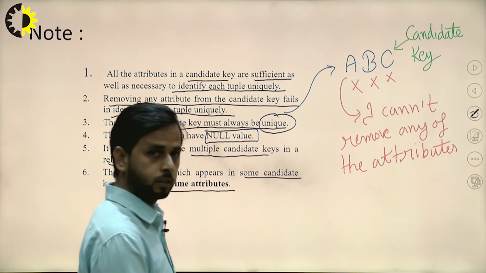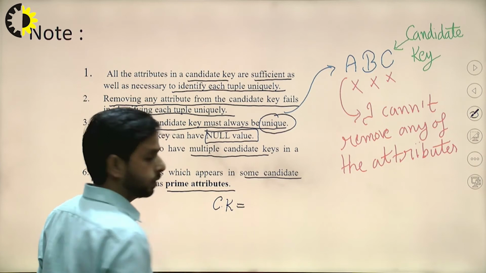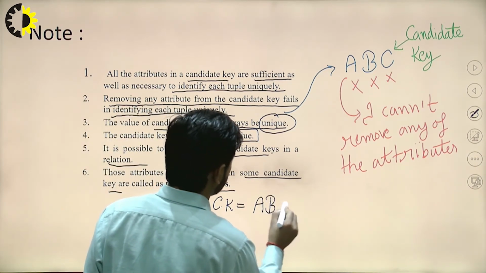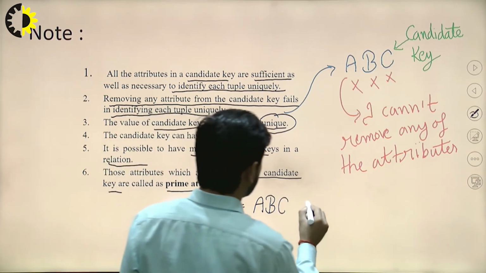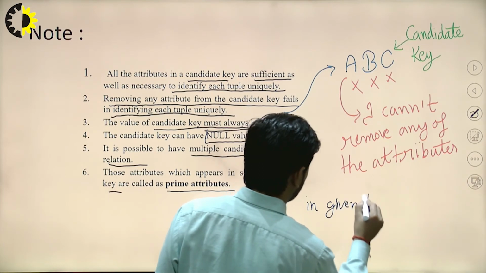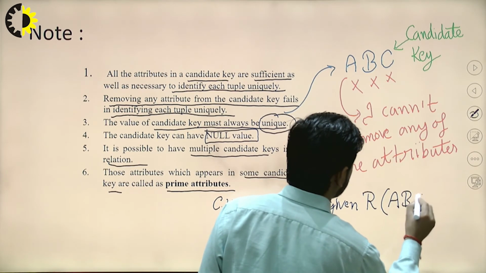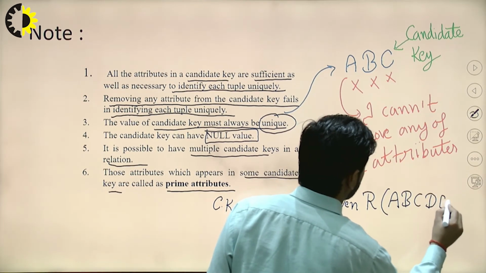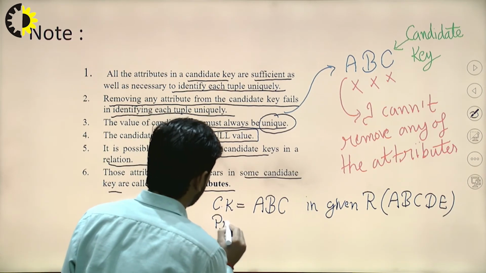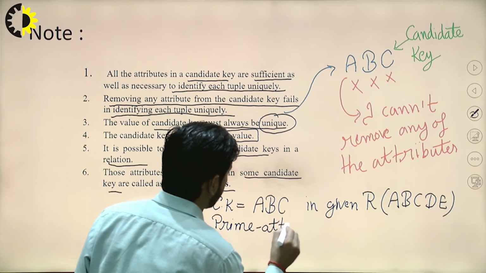Suppose the candidate key is ABC in a given relation R, and the relation is given as A, B, C, D and E. Prime attributes are those attributes which belong to a candidate key or primary key.